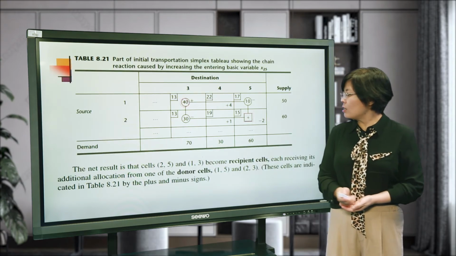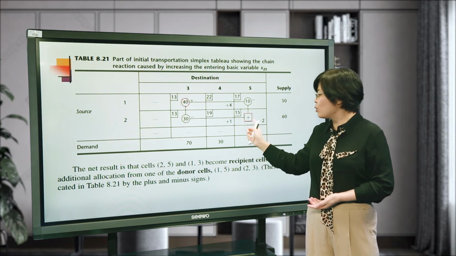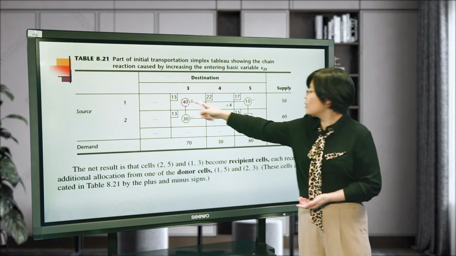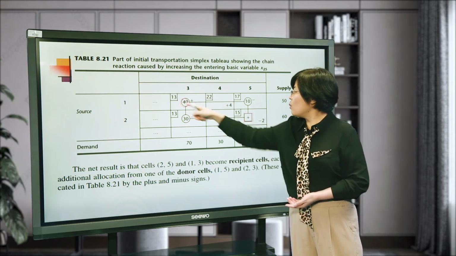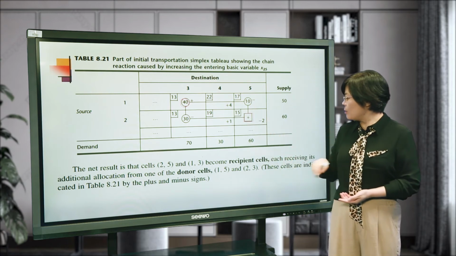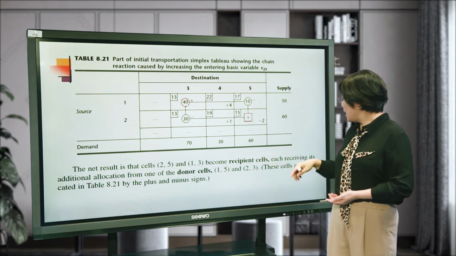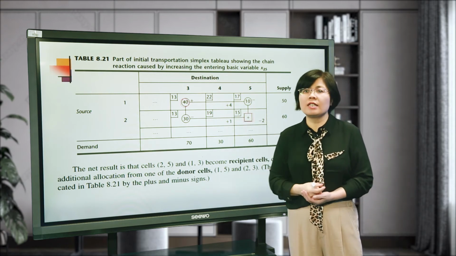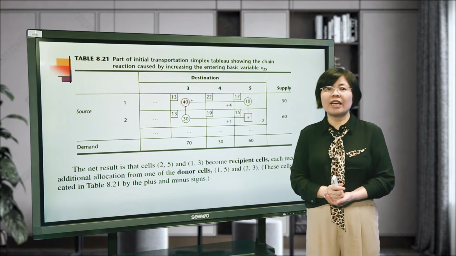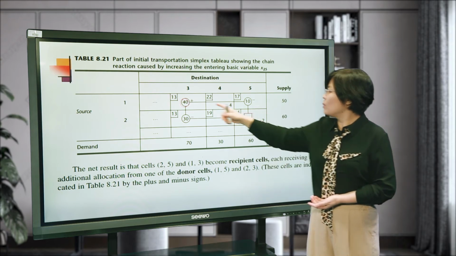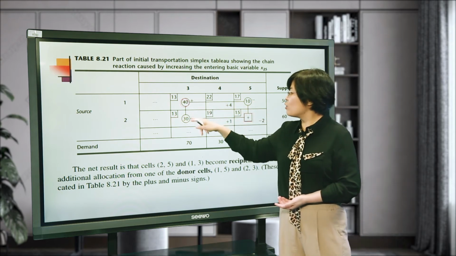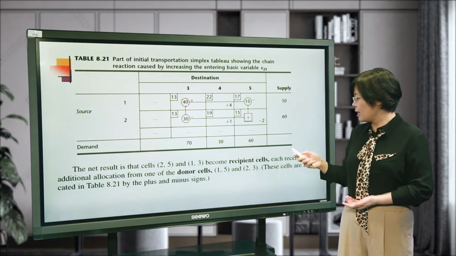The net result is that cell 25 and 1,3 become receptor cells, each receiving its additional allocation from 1,5 and 2,3.